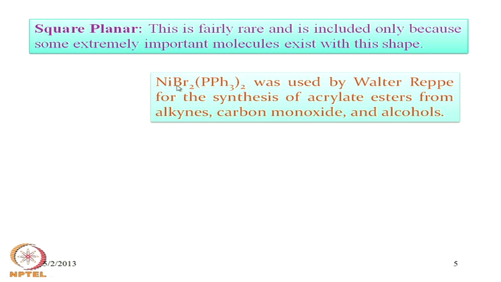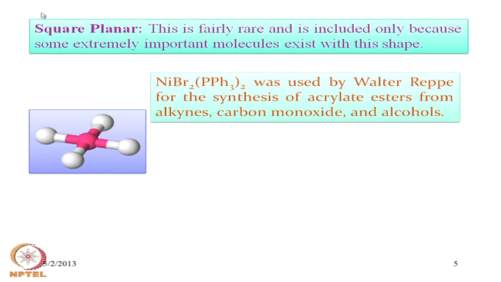The nickel bromide salt is well known to us, and if we attach 2 more phosphine ligands to it, we get a complex of nickel where the coordination number is 4. So, either we can have a square planar geometry or a tetrahedral geometry like this one, because this cannot remain in the square planar geometry. So, it will be distorted to a tetrahedral geometry.